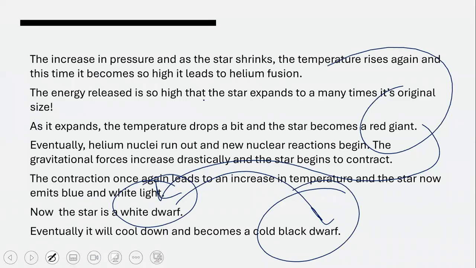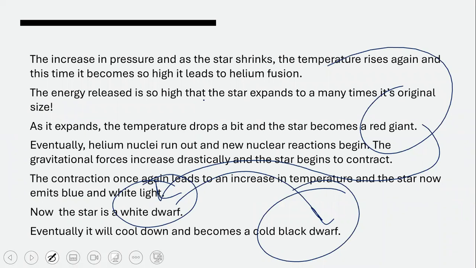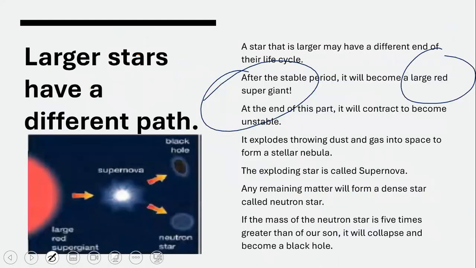So after the stable period is over, after you had protostar, then stable period, and then red giant, for a huge star, you will have protostar, stable period, then it will turn into a large red supergiant.